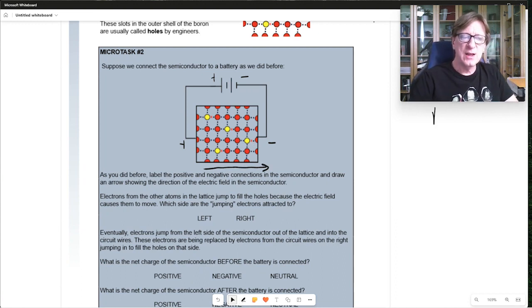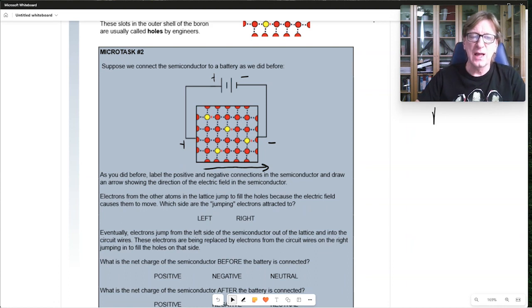Okay, now electrons from the other atoms in the lattice jump to fill in the hole because that electric field is causing them to move, if you think about that. So which side are the jumping electrons going to be attracted to? As we showed in the diagram up above, when I have electrons that jump from hole to hole, from here to here to here and so on, which direction are they going to move?